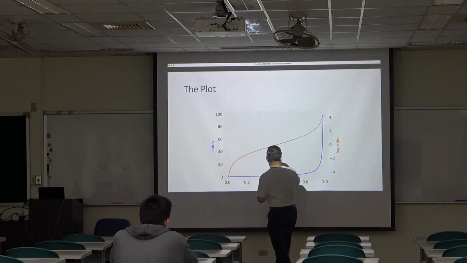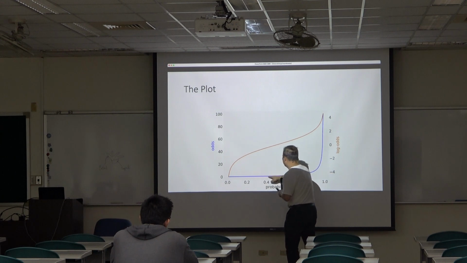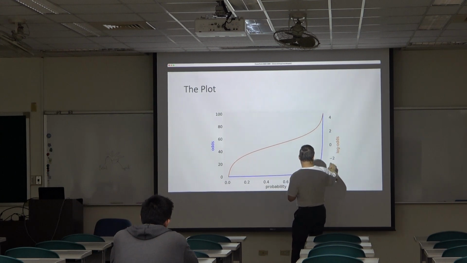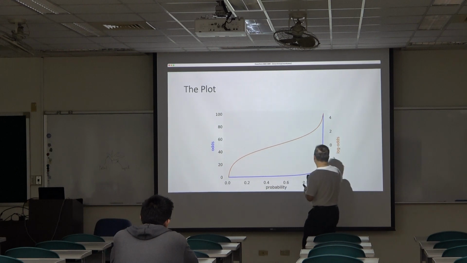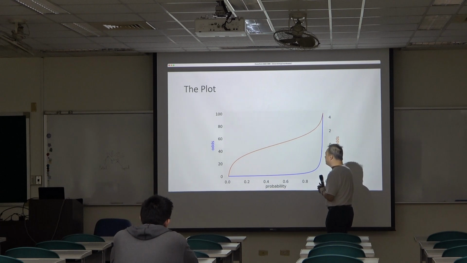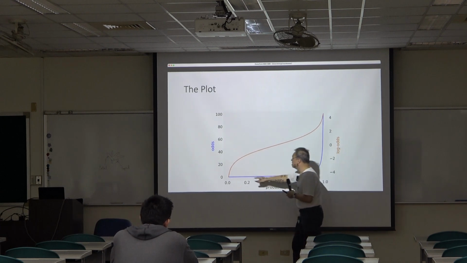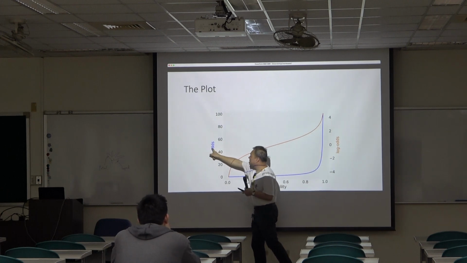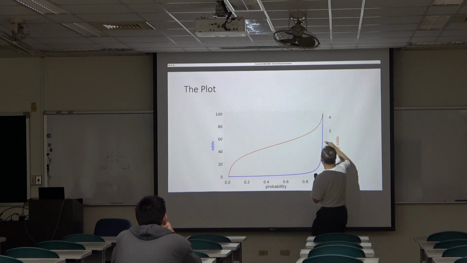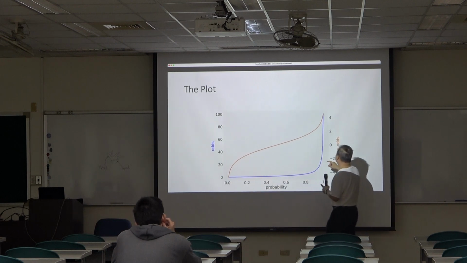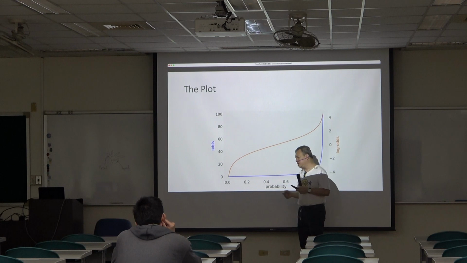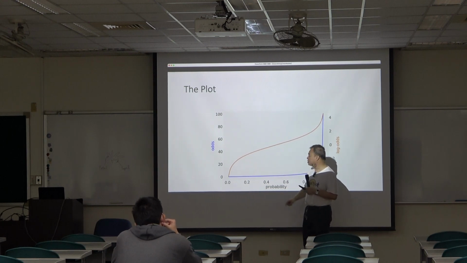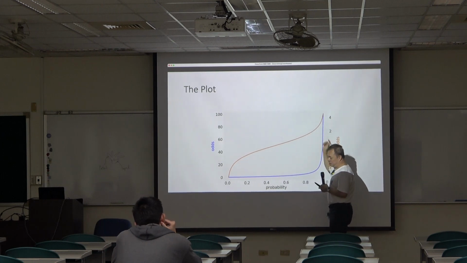So here it goes. Sorry, the blue line shows the odds, so it's from 0 to infinity. And this orange one shows the log odds, because when you apply the logistic function to it, it's like a sigmoid, an S shape.